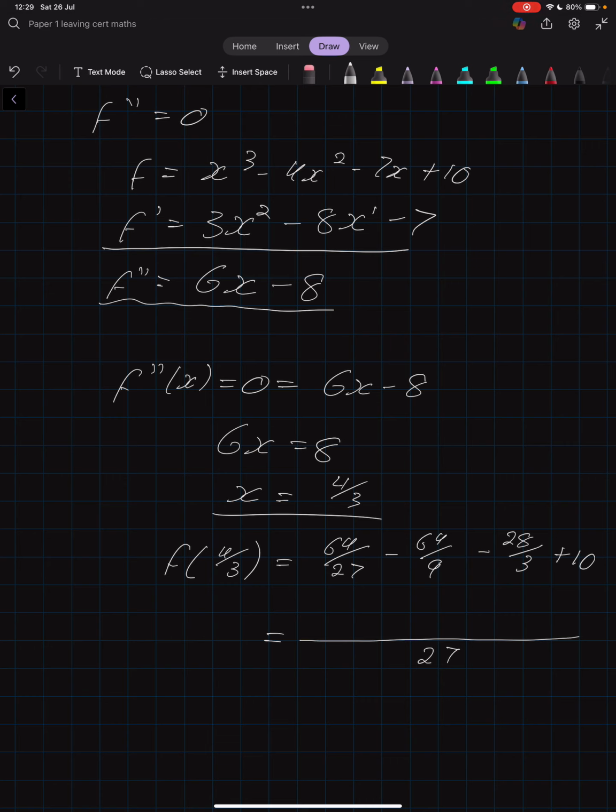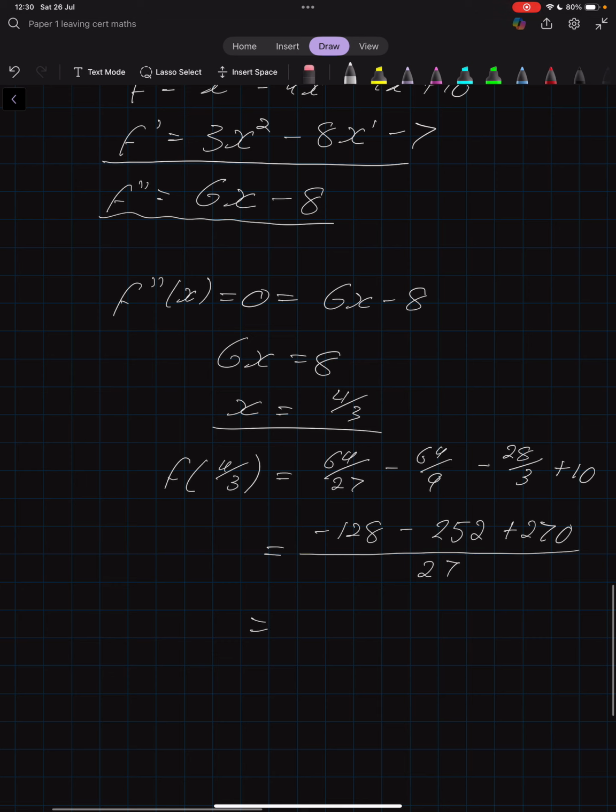Okay, this is going to be a right pain to do. Minus 128, minus that times 9 is going to be 252, plus 270. So this part here is plus 18, so it's minus 110 over 27.